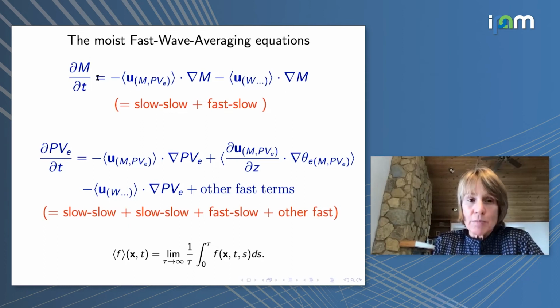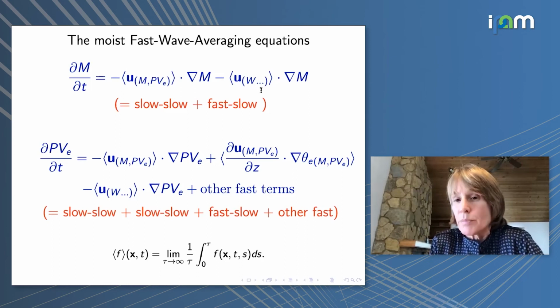For example, in the equation for M, we have a new advection velocity, which is a time average over the wave component of the velocity, which would not be there in the dry dynamics, obviously, and other fast-slow coupling terms in the equation for PV. So these averages that appear here in these equations are averages over the timescale as tau goes to infinity.